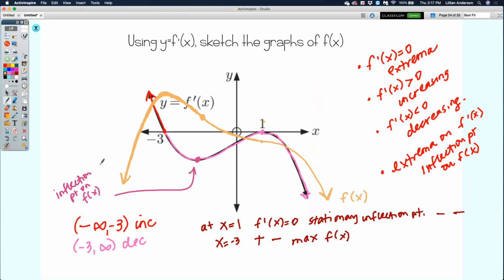All we know based off of the first derivative is that there's a maximum at -3, there's an inflection point at this x value, and then there's another inflection point at 1. But we need to be increasing until -3 and decreasing the rest of the way. So as long as you're doing that, it doesn't matter whether your maximum occurs above the x-axis, below, or if you cross the x-axis at some other random point.